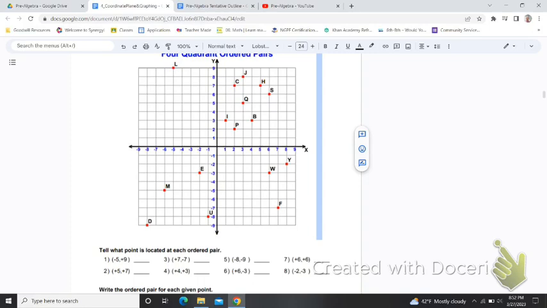So number 1 is -5, 9. So from the origin, go left 5 and up 9, which brings us to L. Number 2, +5, +7. So 5 to the right and up 7, which would be H. Number 3, +7, -7. So 7 to the right and then down 7.